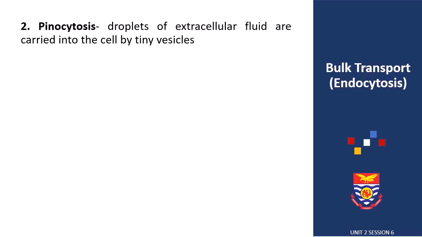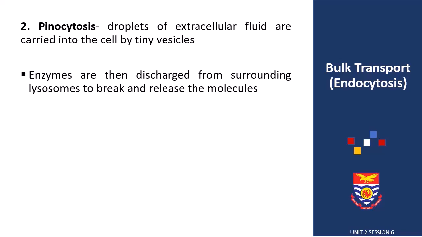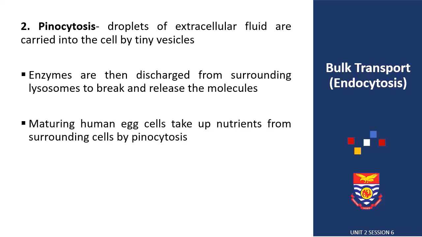And so, owing to the fact that any solute can be taken into the cell, pinocytosis is non-specific in the substances it transports. Enzymes are then discharged from the surrounding lysosomes to break down and release the molecules. For instance, in humans, maturing egg cells take up nutrients from their surrounding cells by the pinocytosis process.